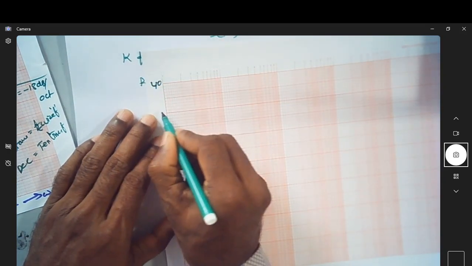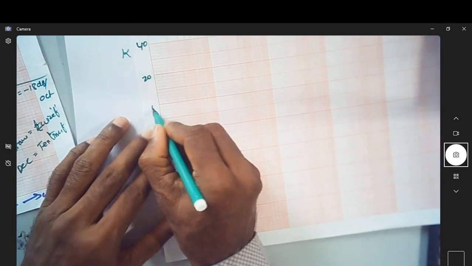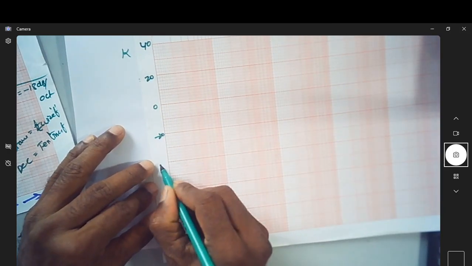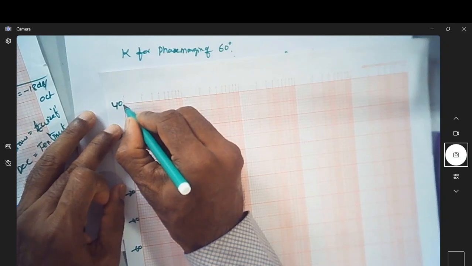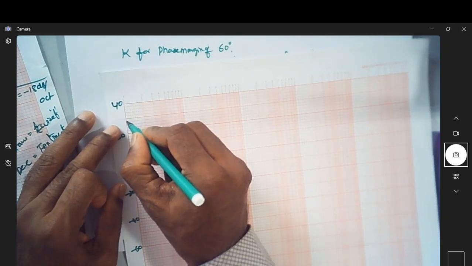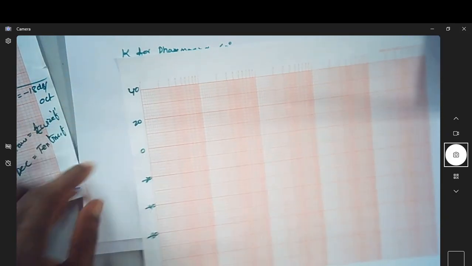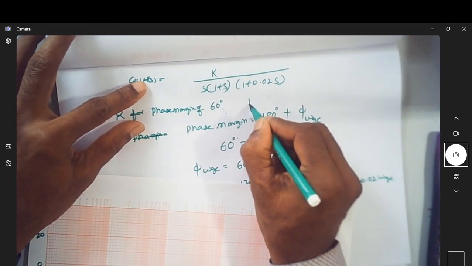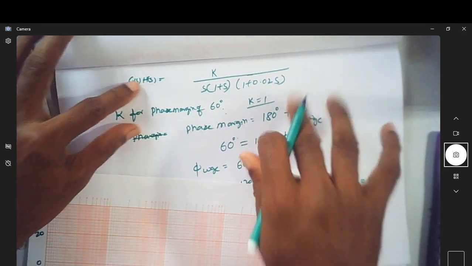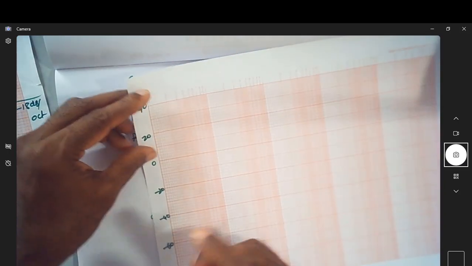So this is 40, 20, 0, minus 20, minus 40, minus 60. Of course, you have to plot the graph again with k equal to 1. If you are plotting the graph with k equal to 1, you plot the magnitude plot.